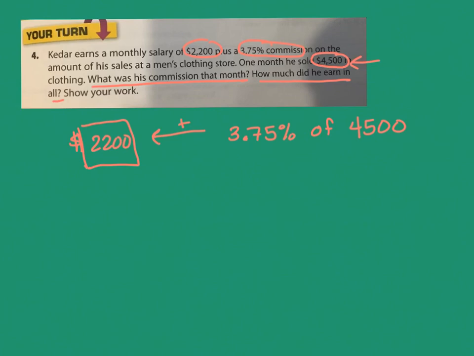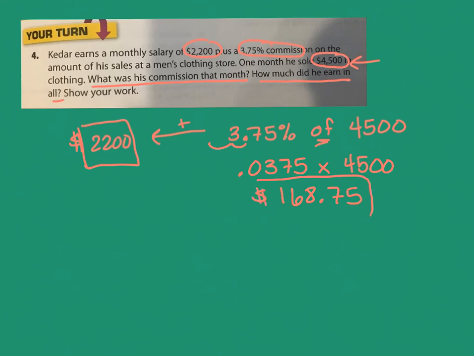So remember that of is like a multiply. Change this to a decimal, 0.0375 times 4,500. Run it through on your calculator, and you'll get $168.75. That's the bonus amount he made.